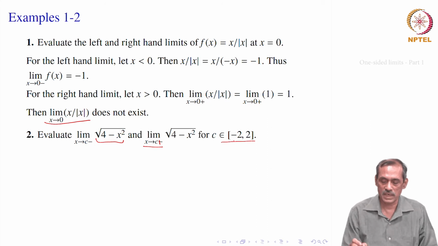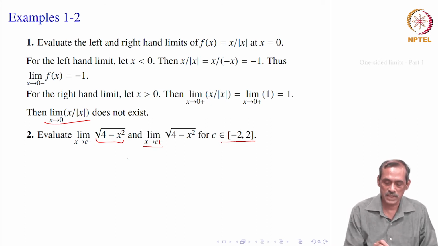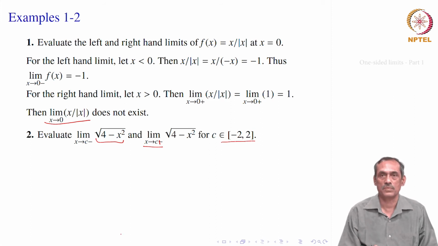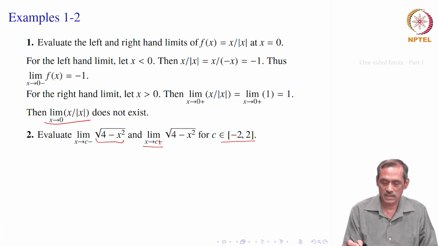Let us say these limits are defined for this, and we want to find the limits at every point inside the interval minus 2 to 2. So, c is not given exactly, but c is between minus 2 and 2. So, naturally we will consider cases like c equal to minus 2, c equal to 2, or c within minus 2 to 2 but not equal to either of them.